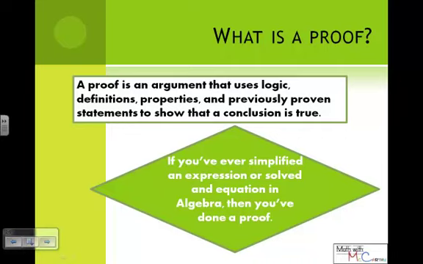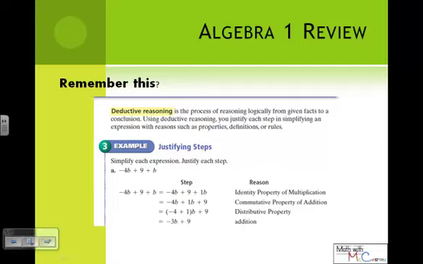If you've ever simplified an expression or solved an equation in algebra, then you've really done a proof. Let's see how. You might remember this from our Algebra 1 course. It said use deductive reasoning as a process of logical reasoning from facts to a conclusion.